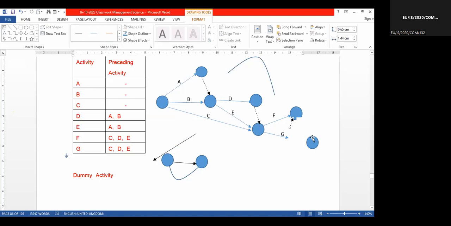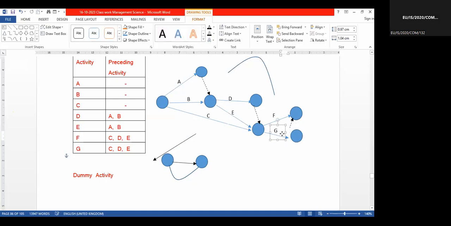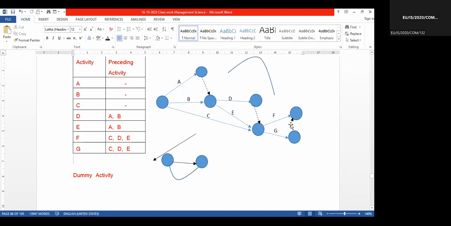This is also correct. Either that way or this way, it should be a straight line and forward moving. There is no backward moving.